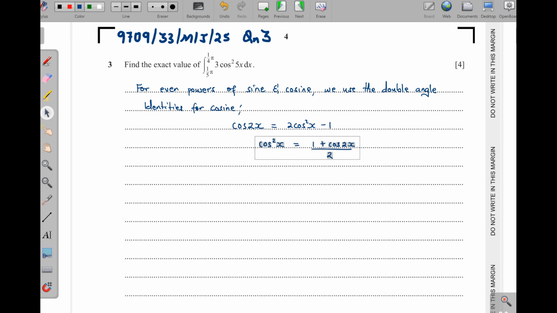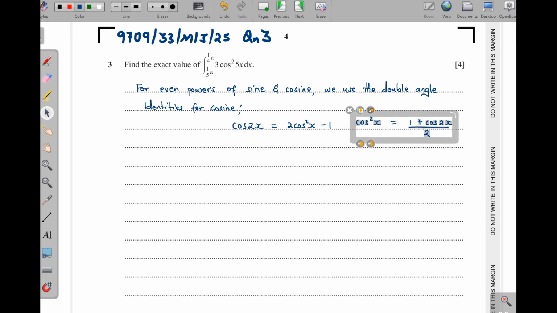Now, this one is x here, but here we are having 2x. So if we have cos squared of 5x, then we shall double it this side and we shall have cos of 10x, okay, when you double it, 10x out of 2.